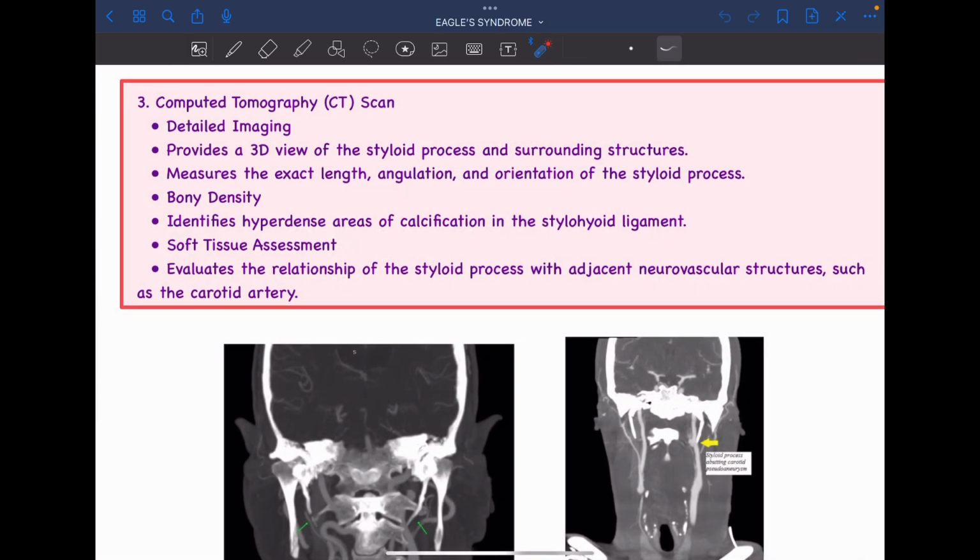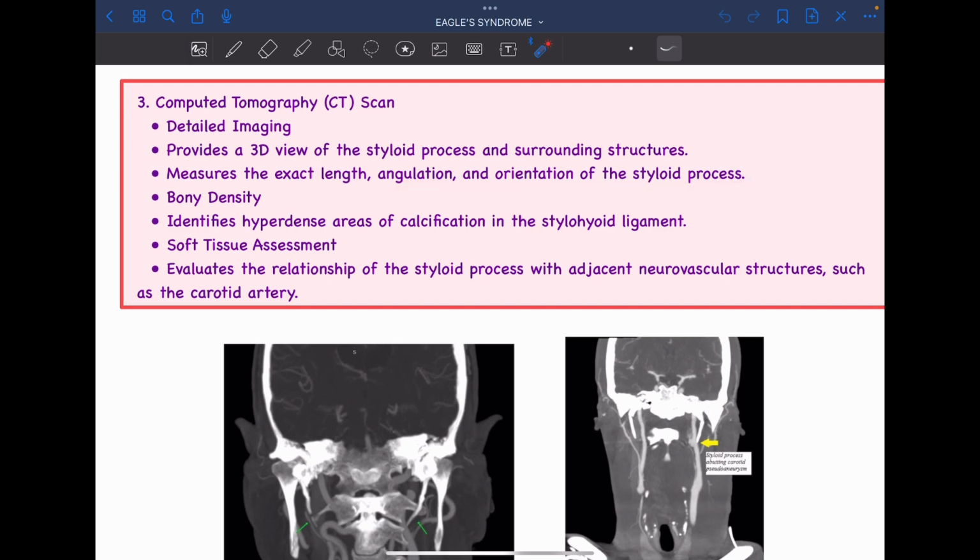Then we have another modality which is the CT scan, one of the most sophisticated modalities which is available. So yes, it provides detailed imaging. It provides a 3D view as well. So you can view the styloid process as well as the surrounding structures. It measures the exact length, angulation and the orientation of the styloid process as well.